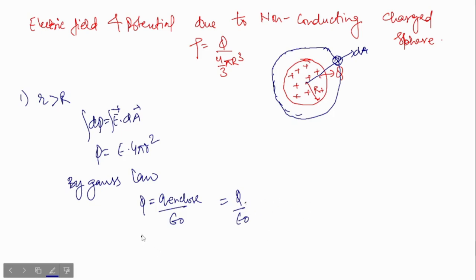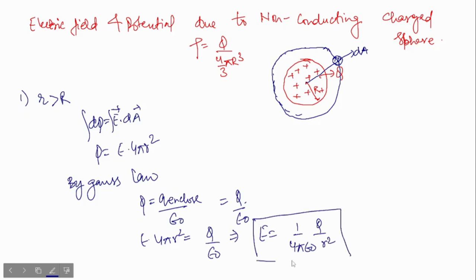We get E into 4 pi r square equals Q upon epsilon naught. From here, E equals 1 by 4 pi epsilon naught Q by r square. This is the same as in the previous one for the non-conducting hollow one.